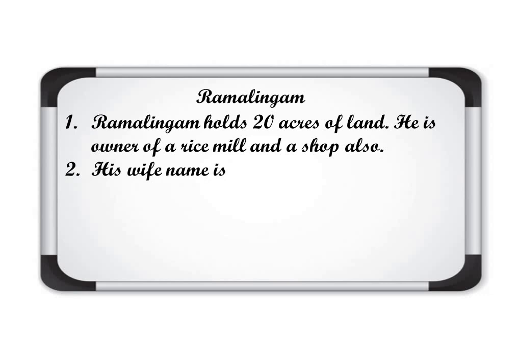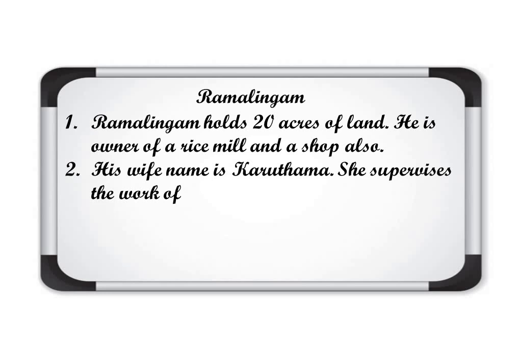His wife's name is Karuthama. She supervises the work of female laborers like Tulasi. As we talked about Tulasi, she is working there on Ramalingam's land. So Ramalingam's wife Karuthama supervises the work done by female laborers on the field.